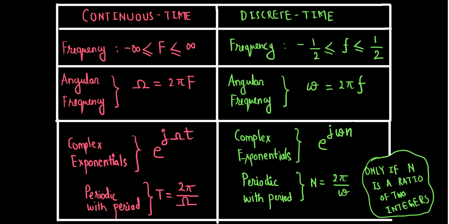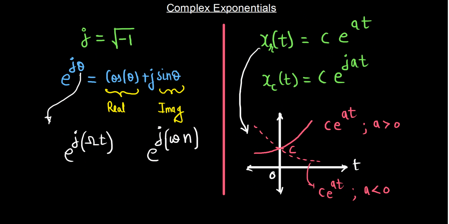Now there is a very specific property of these complex exponentials. The main property that distinguishes them from the conventional exponentials is that the complex exponentials are periodic in nature, whereas the normal exponentials are not periodic.